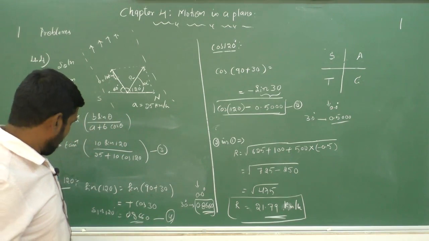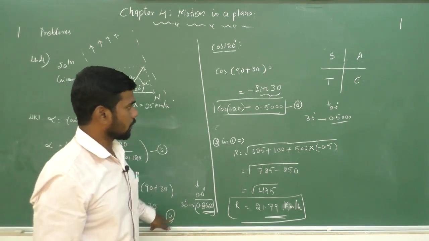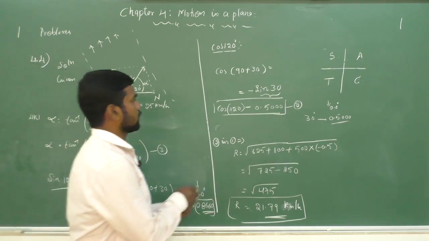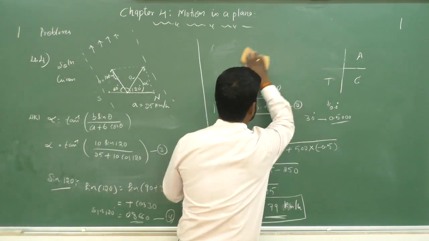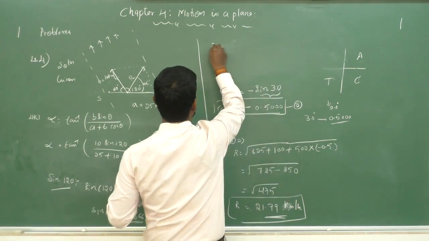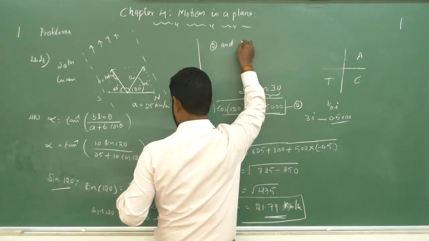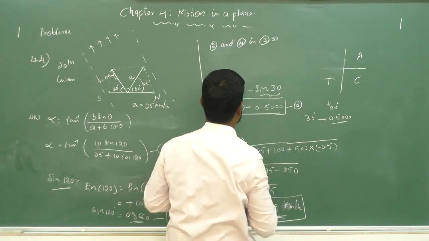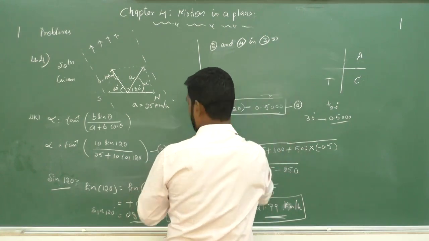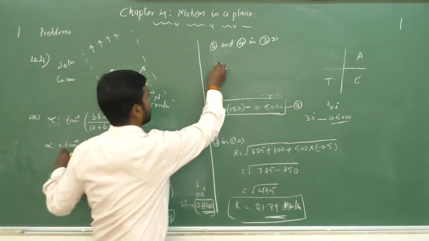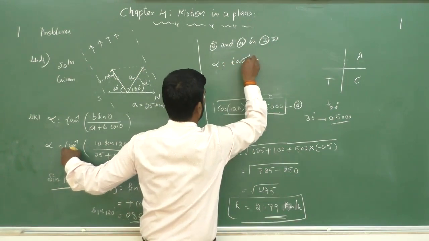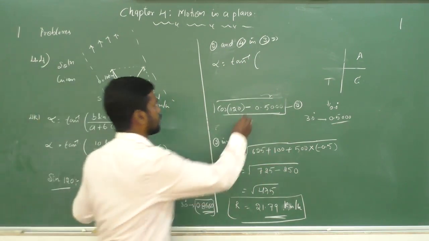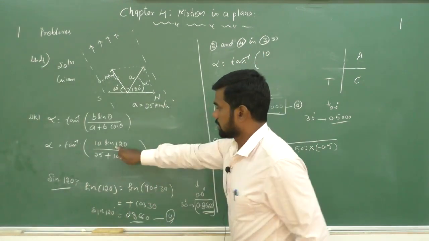Now I am going to substitute the values, that is equation number 2 and equation number 4, in equation number 3, which implies alpha is equal to tan inverse of 10 times sine 120.